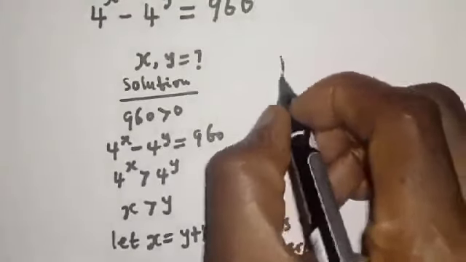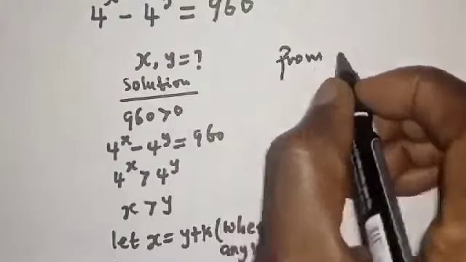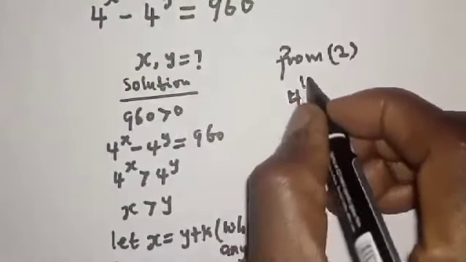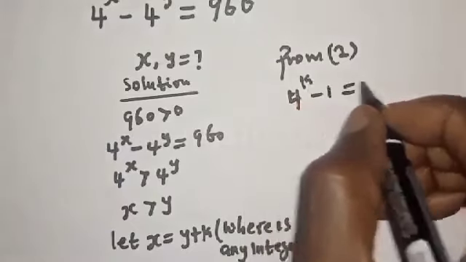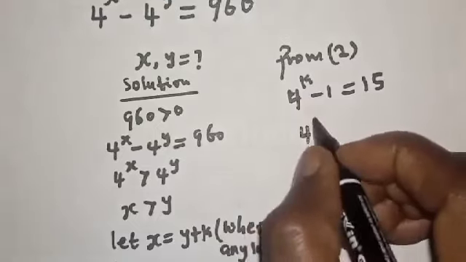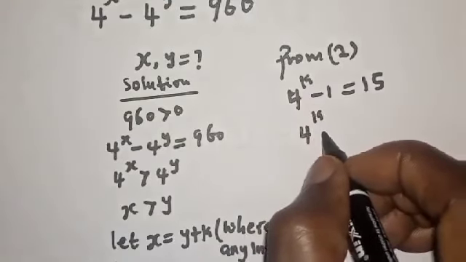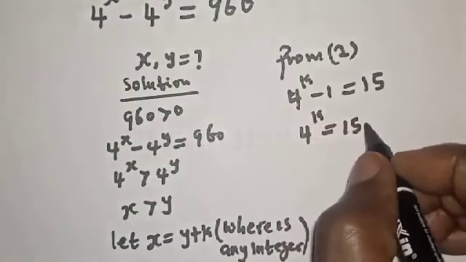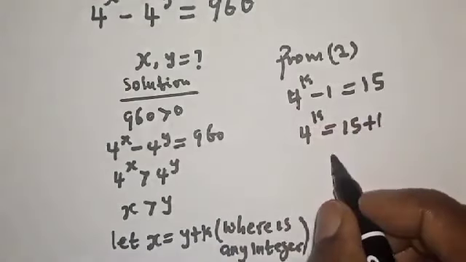Then from equation 2, 4 raised to the power k minus 1 is equal to 15. 4 raised to the power k is equal to 15, and if this one crosses to the other side, it becomes plus 1.